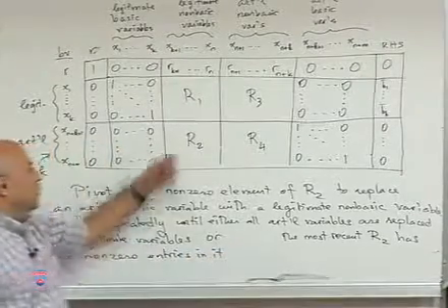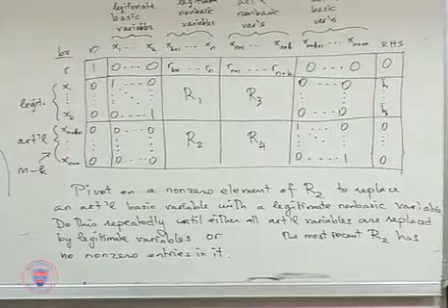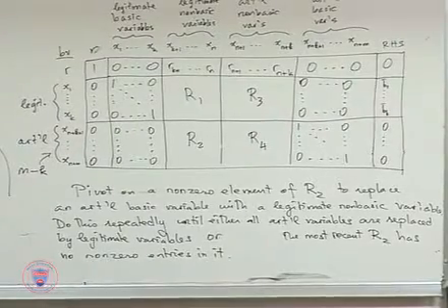Of course, when you have no non-zero entries in R2, you cannot really pivot any longer.